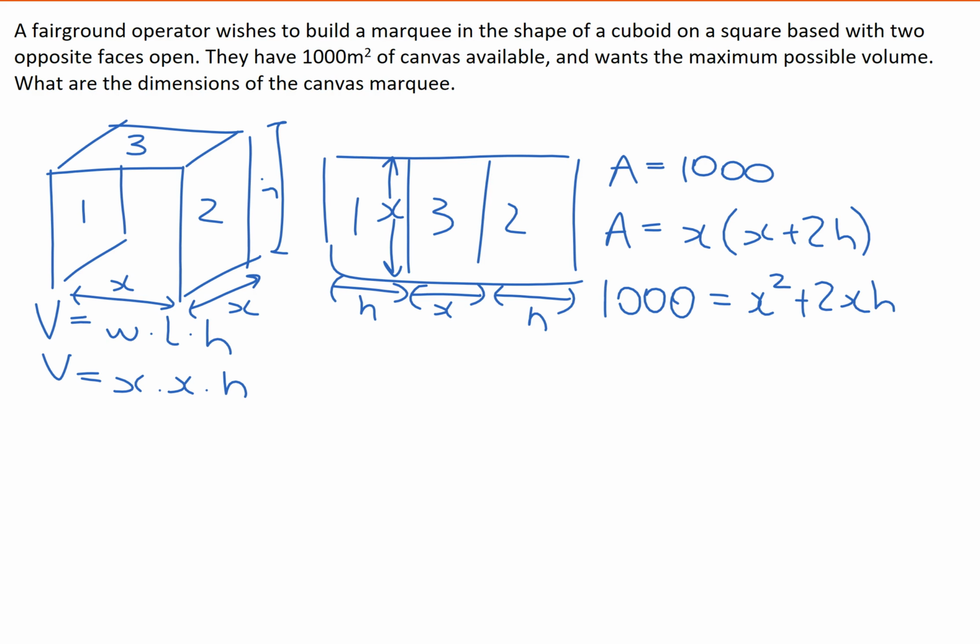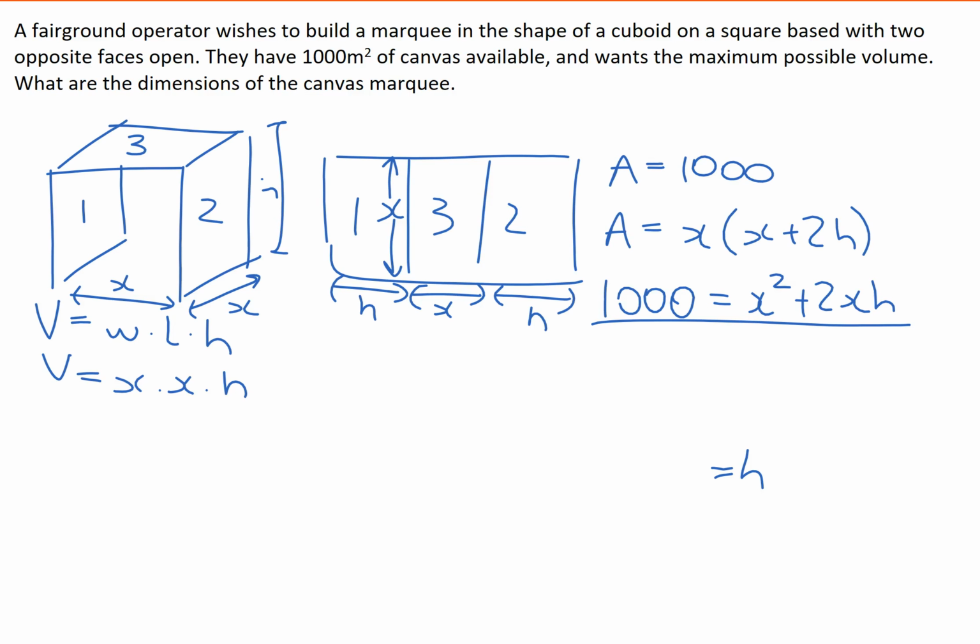What we're going to try and do now is rearrange this formula so that it has h equals. Then we're going to substitute that answer into here and only have x's that we can differentiate, make it equal 0, and solve. Okay, I'll leave that with you just for a little bit.